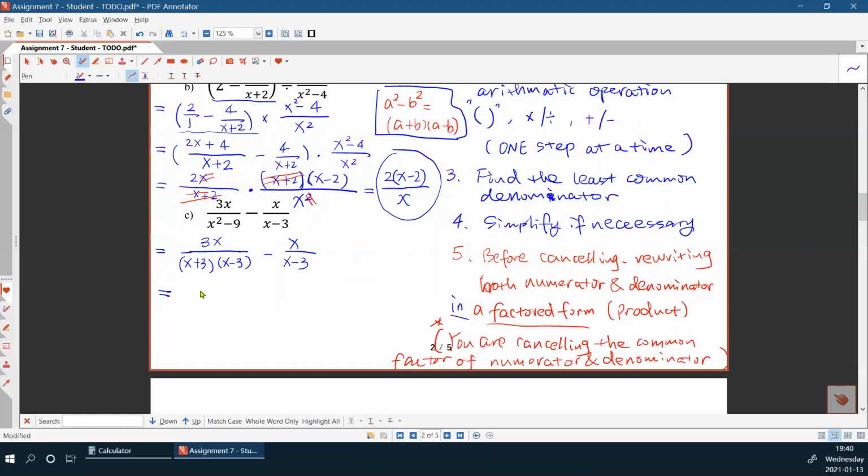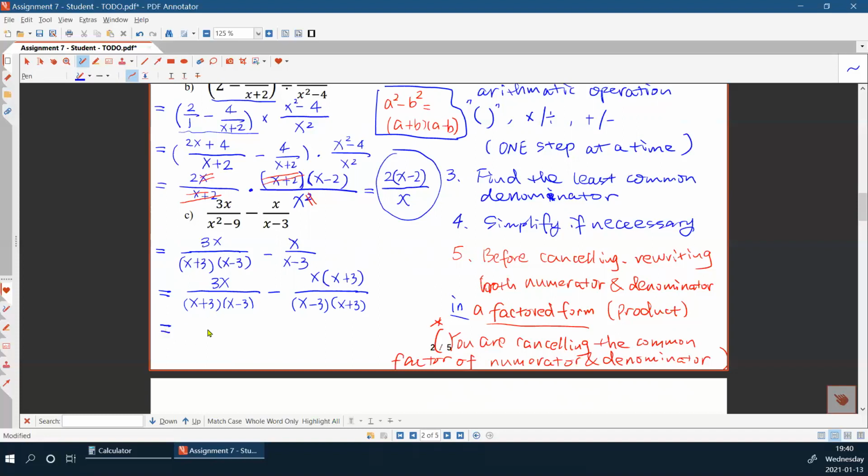Okay, so the next step is to rewrite both of the terms here using the common denominator, because only in this way can you add these two terms together. Okay, keep the first term unchanged, and for the second term, we multiply x plus 3 to both the denominator and the numerator, right?